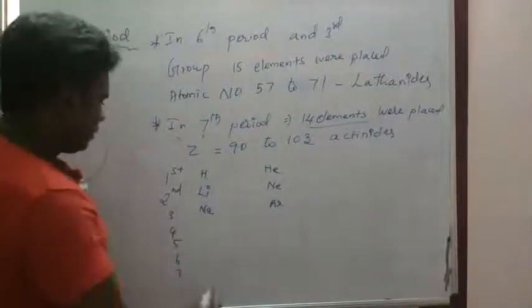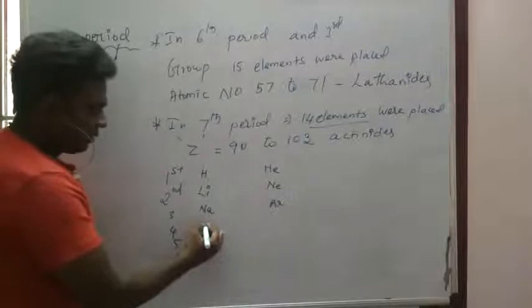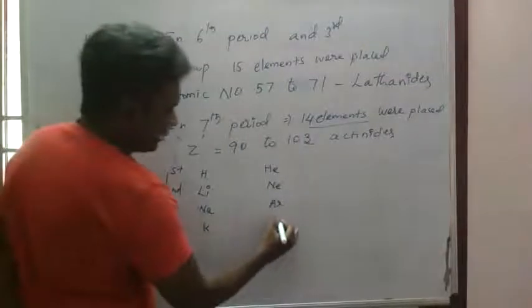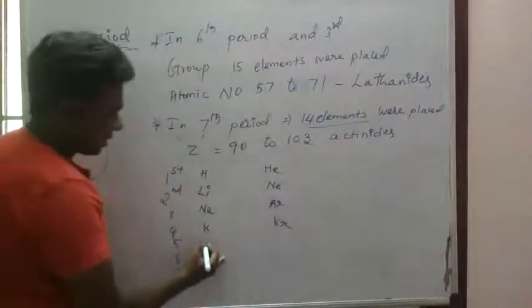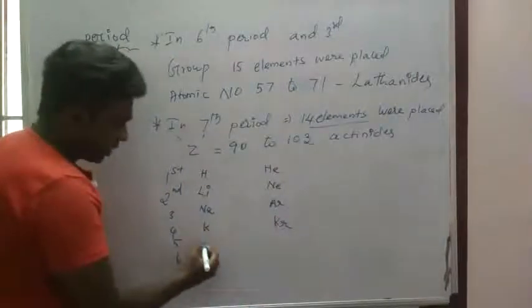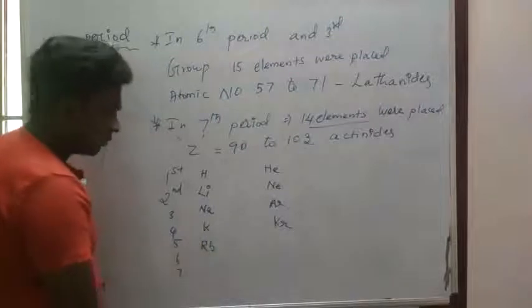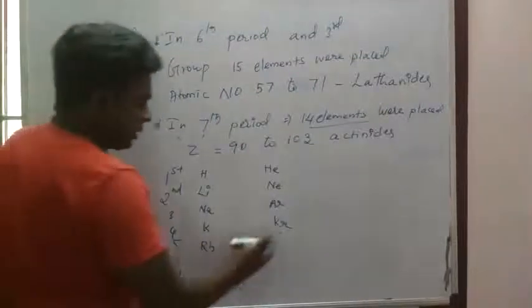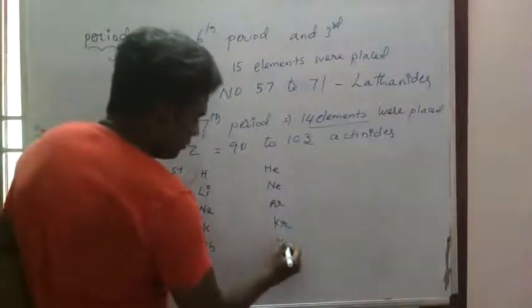The fourth starts with potassium and ends with krypton. The fifth starts with rubidium, which comes after potassium, and ends with xenon.